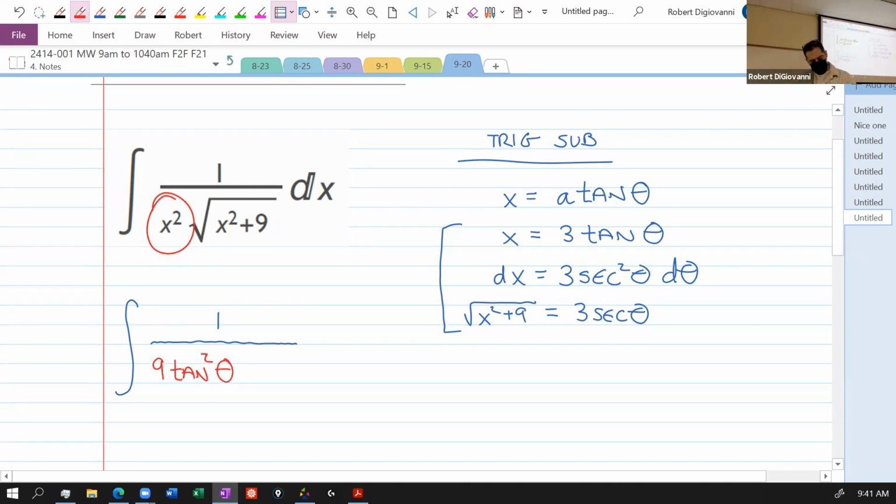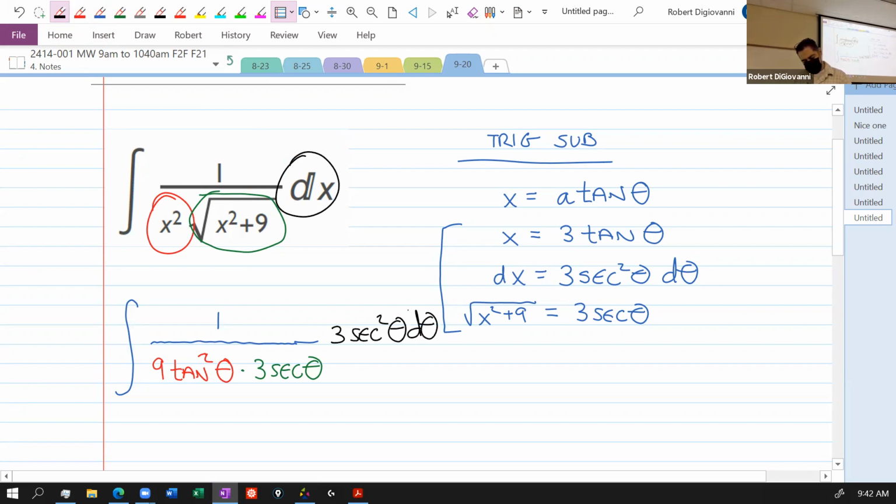Next to that, we have the square root of the junk right there. All that square root stuff turns into just 3 secant theta. And then don't forget, what do we still have? This is the part that students forget. The dx also gets replaced. So that dx right there gets replaced with 3 secant squared theta d theta.